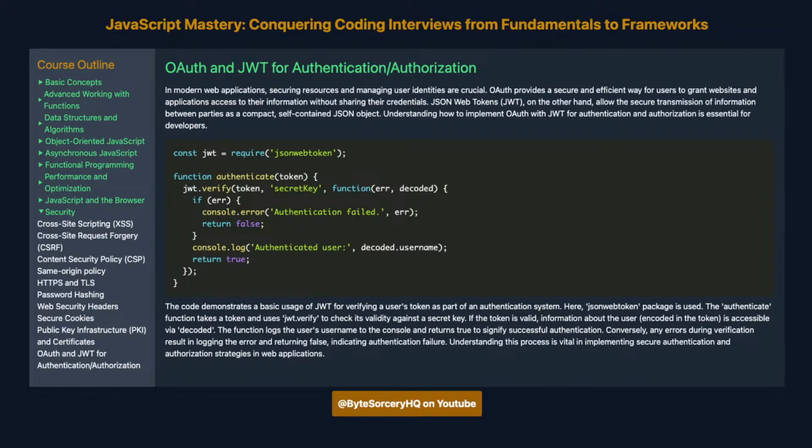The function logs the user's username to the console and returns true to signify successful authentication. Conversely, any errors during verification result in logging the error and returning false, indicating authentication failure. Understanding this process is vital in implementing secure authentication and authorization strategies in web applications.